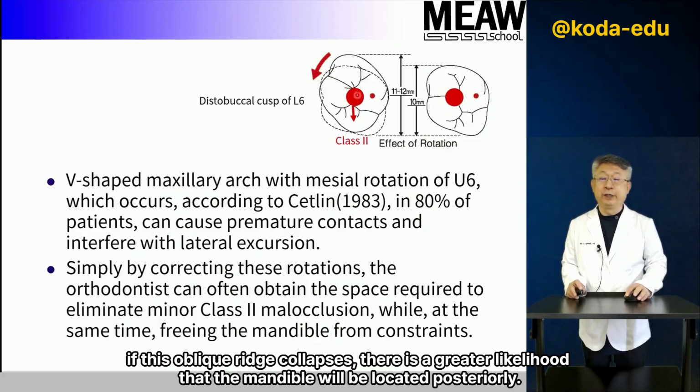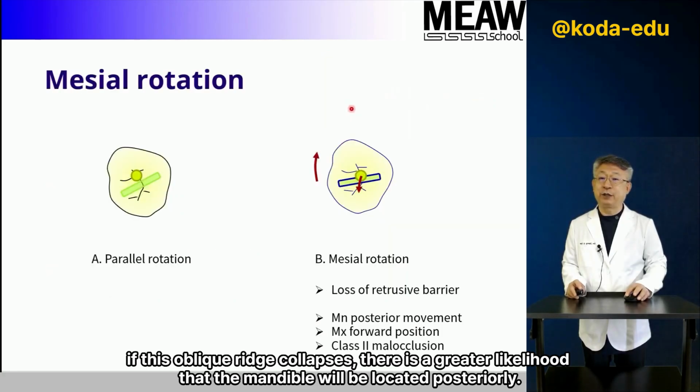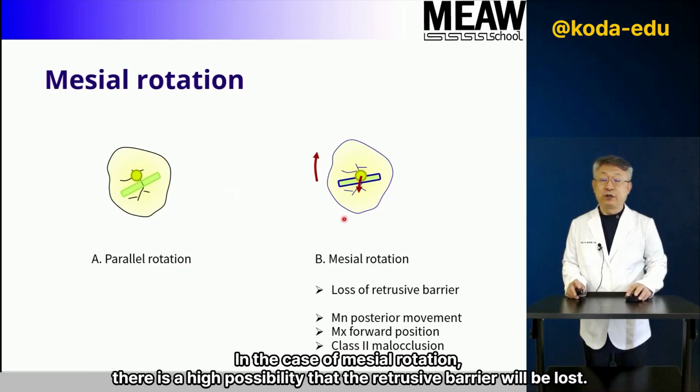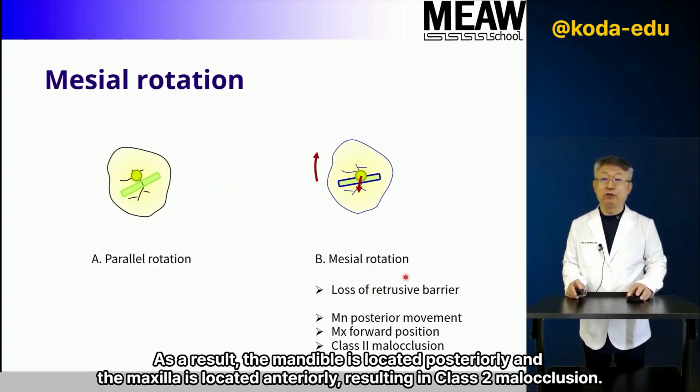If this oblique ridge collapses, there is a greater likelihood that the mandible will be located posteriorly. In the case of mesial rotation, there is a high possibility that the retrusive barrier will be lost. As a result, the mandible is located posteriorly, and the maxilla is located anteriorly, resulting in class 2 malocclusion.